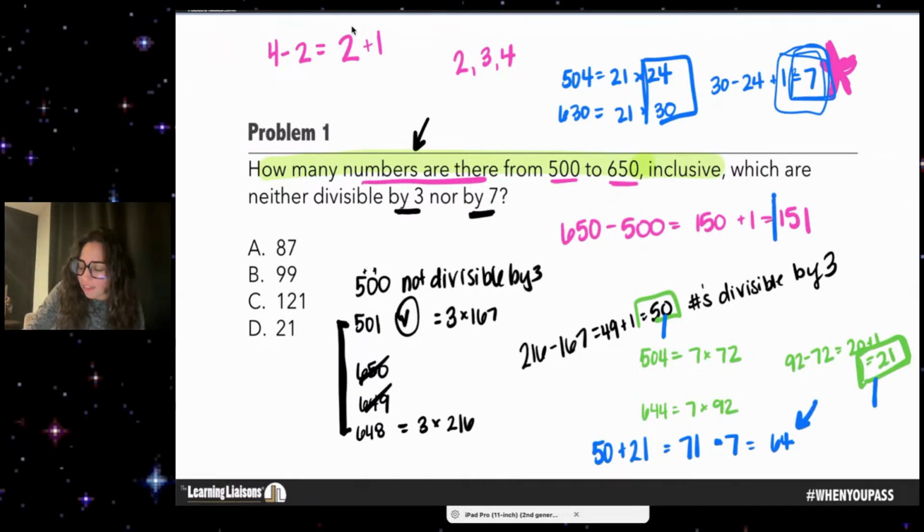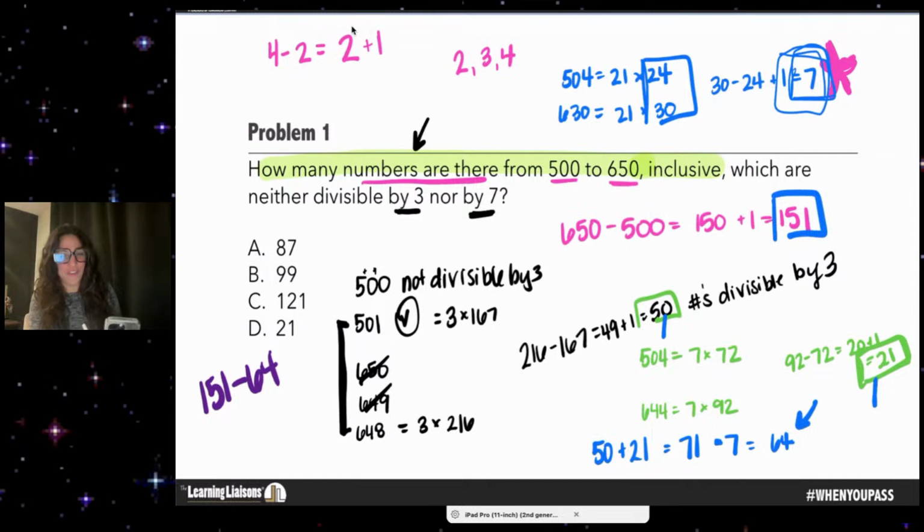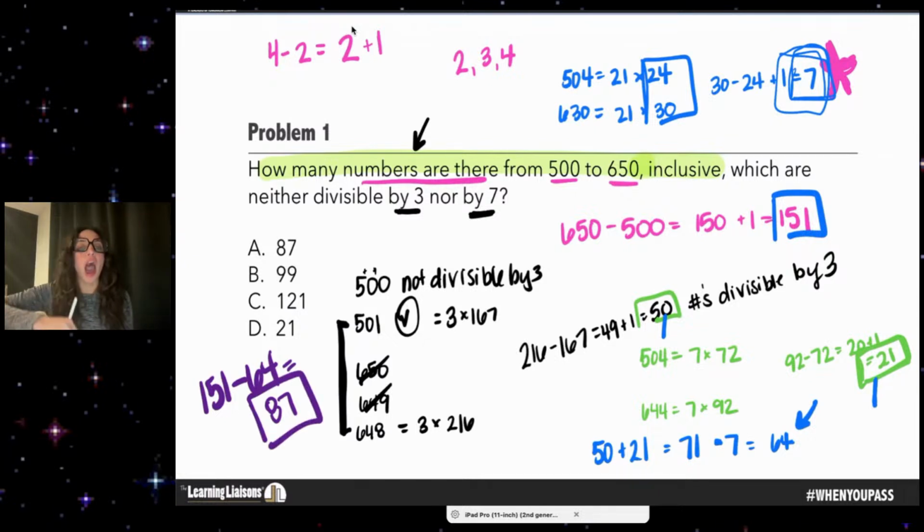And so now I have to take my 151 and subtract the 64. And that's going to give me 87, which is the number of numbers that are not divisible by 3 or 7. I knew the answer was 87, but I was trying to figure out why I was not getting it.